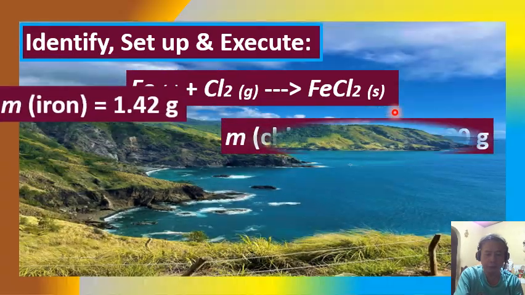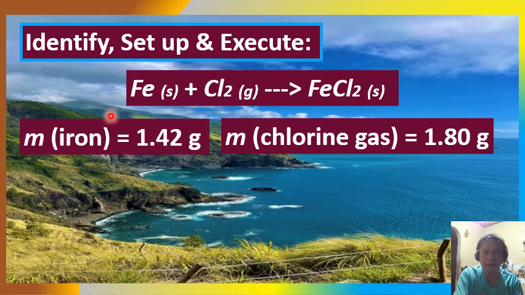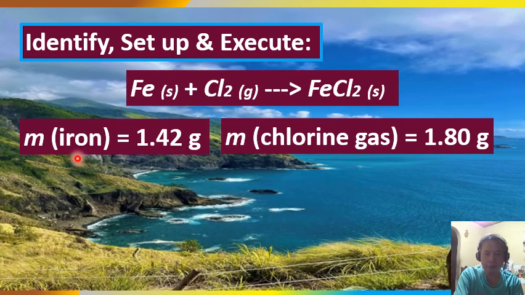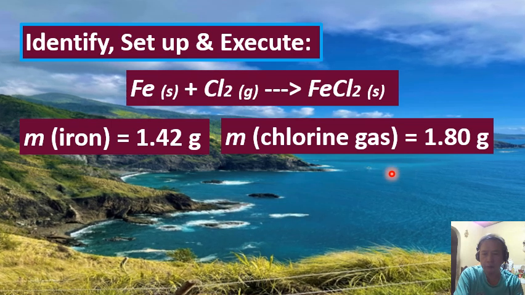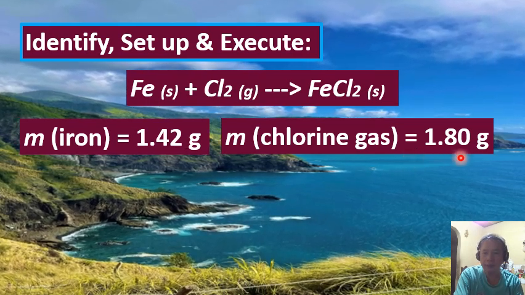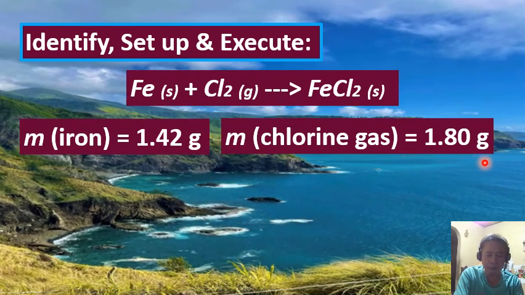And we are provided with masses for iron, 1.42 grams, and for the chlorine gas, the mass is 1.80 grams.